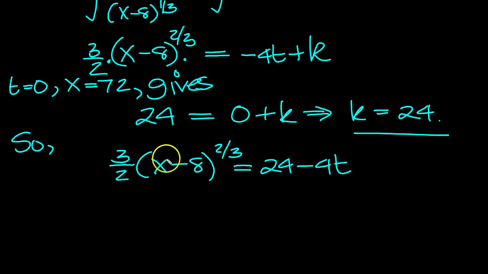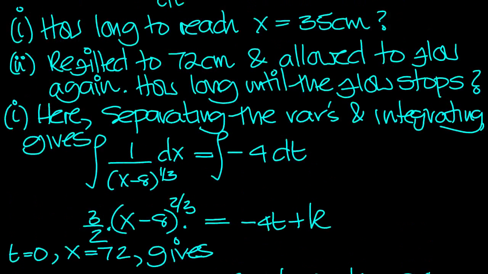As x decreases from 72 down to a value, we've got t equal to this value. Can you see that the way it's arranged, the tap looks like it's going to be at height 8, because that will be when this turns negative. So x can come down to 8, by the way this differential equation is modelled. That's implicit in the differential equation itself, and it's something we need to note for part 2.